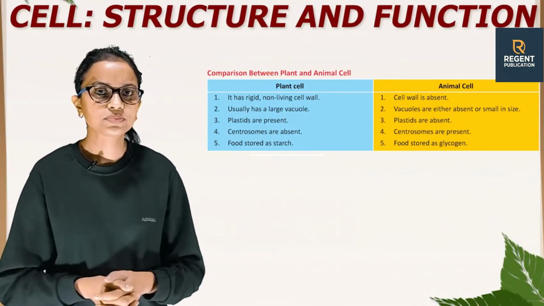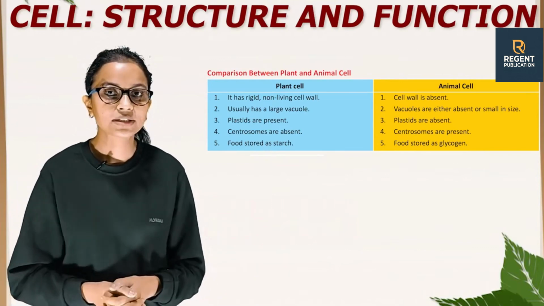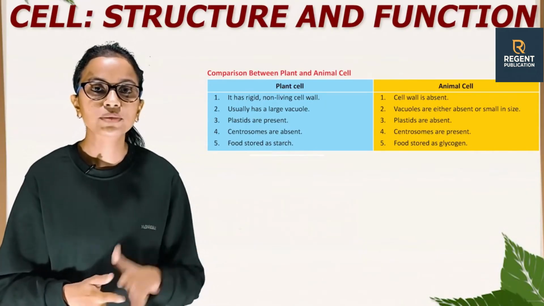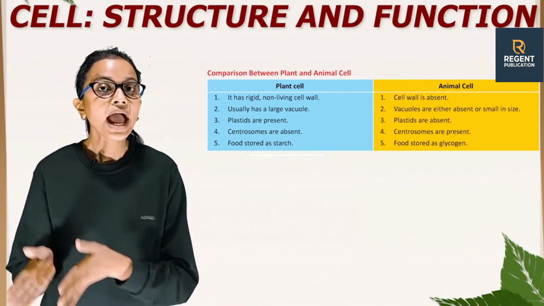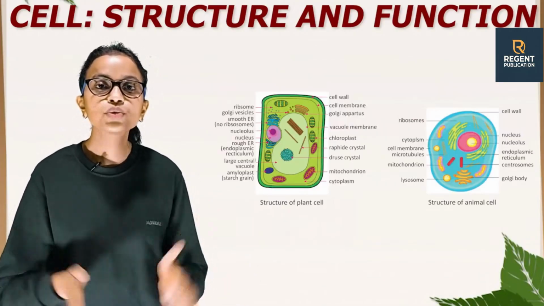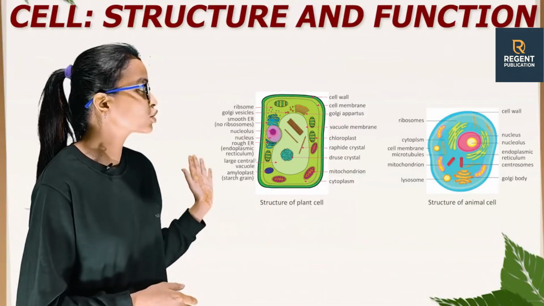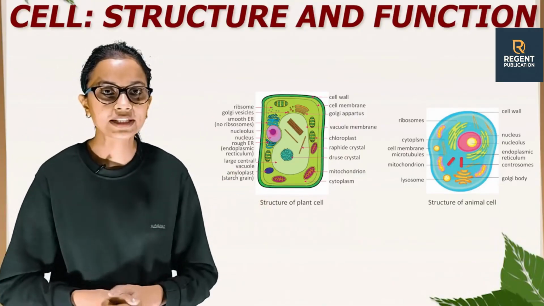Plastids are absent. Fourth, centrosomes are absent. Centrosomes are present. Fifth, food stored as starch. Food stored as glycogen. So students, these are the two diagrams. This one is of a structure of a plant cell and that one is a structure of a animal cell.